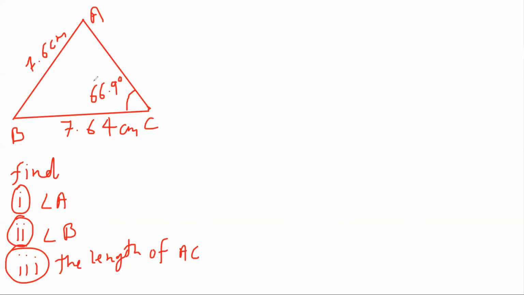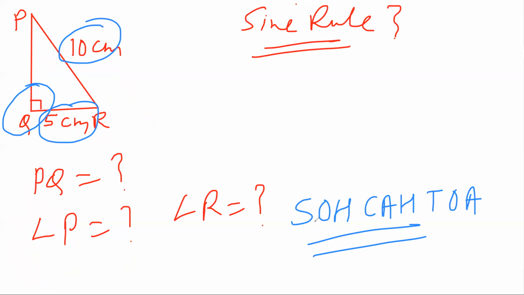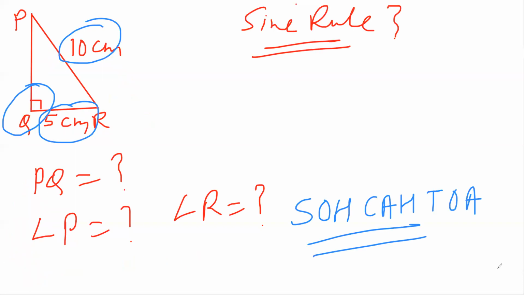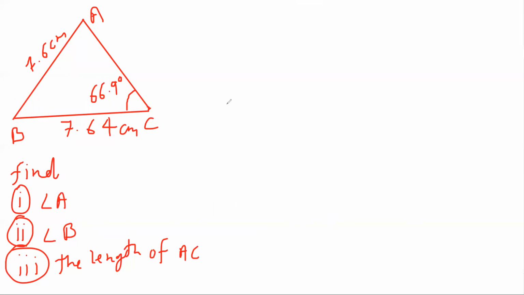But the problem is there is no right angle here, which means we cannot apply the basic rule that you have learned in trigonometry. Hence we need some new rule, which we will discuss now, known as the sine rule.